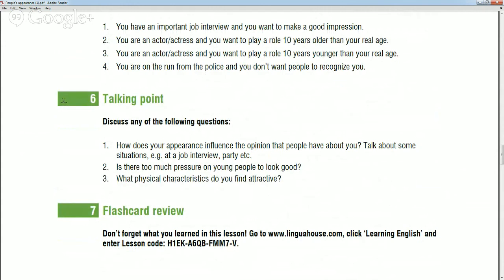Now, Bakri, how does your appearance influence the opinion that people have about you? What do you think? Can you speak up, Bakri? Okay. How about you, Claudio?